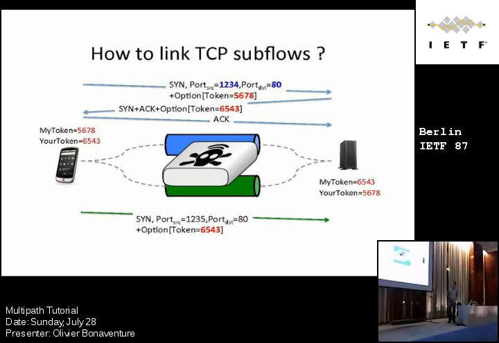Then we do the third act, and when I want to open the green subflow, then I just have to add inside the green subflow's options to indicate the token, which is the Multipath TCP connection to which the subflow refers. And then I can establish the subflow and link it to the Multipath TCP connection.